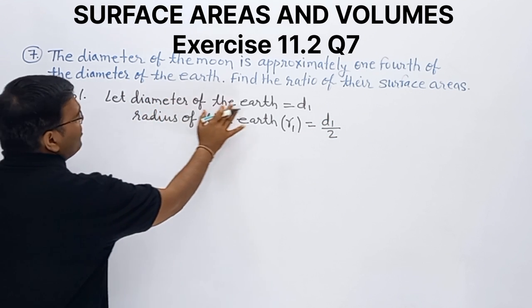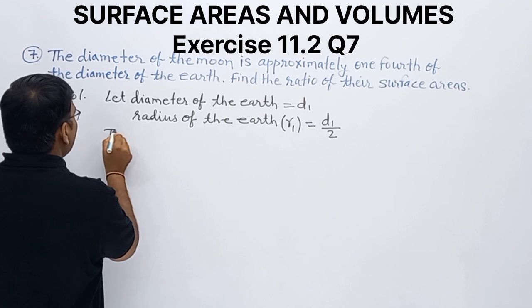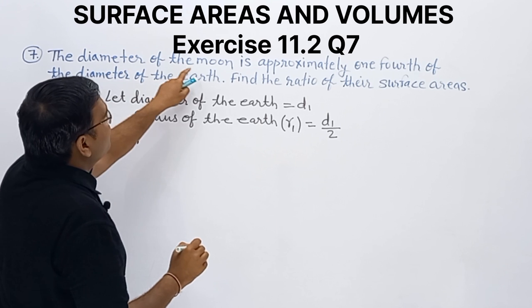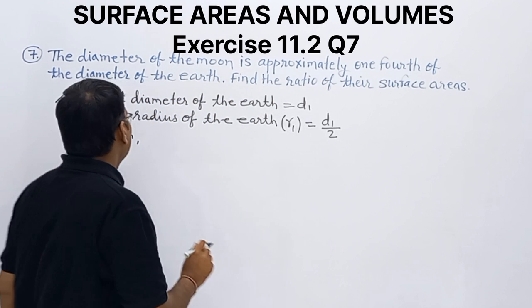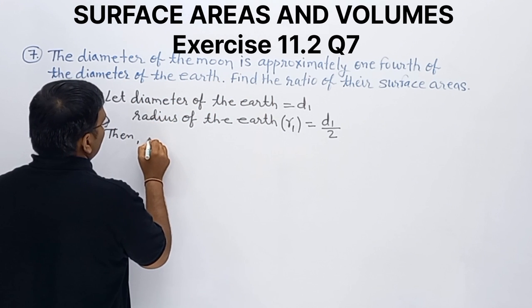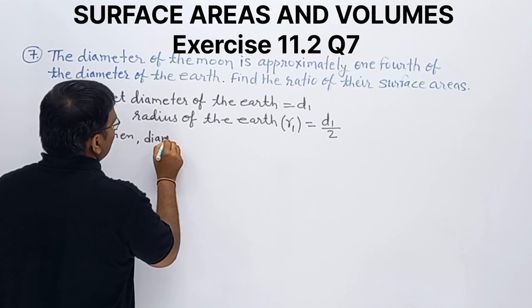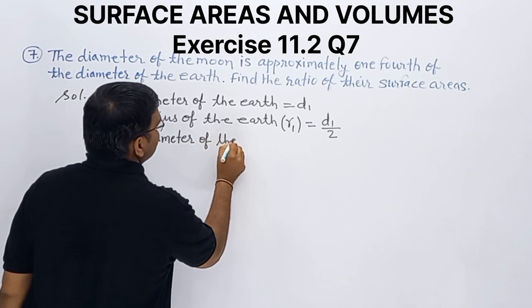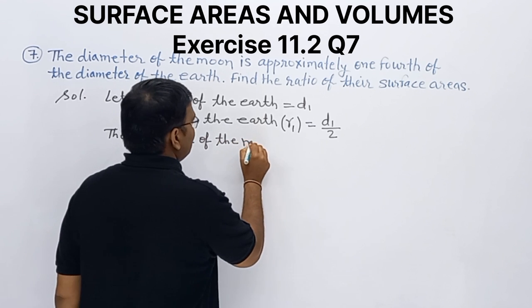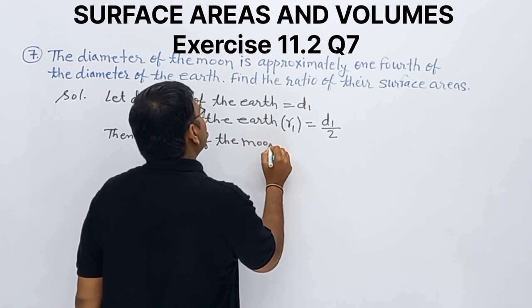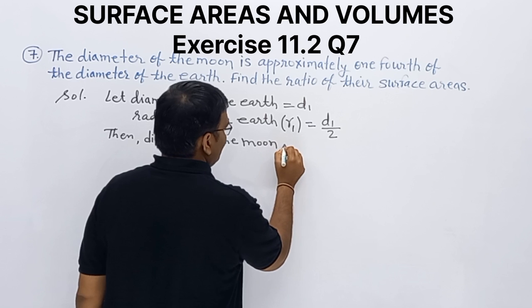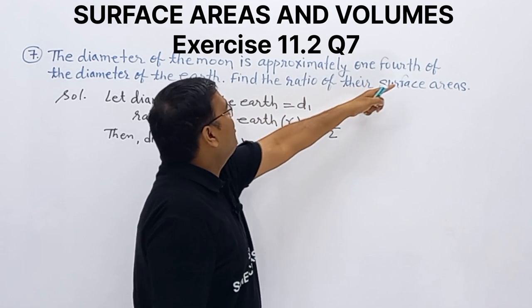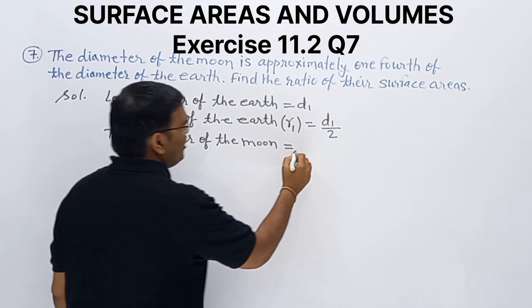Then, as per the question, the diameter of the moon is 1/4 of the diameter of the earth.